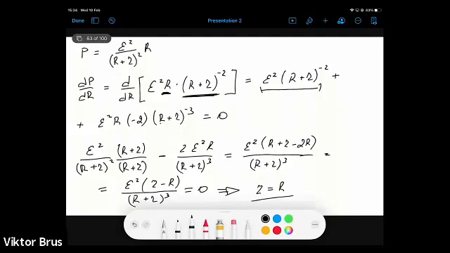So this is the condition for the maximum power which is delivered by the battery to the load resistor, I square R maximum.